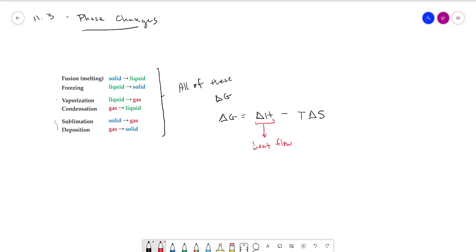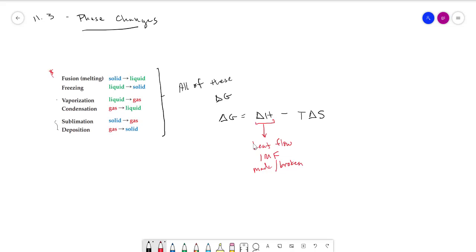And what we thought about before was this delta H was bond making and bond breaking. So when you created or destroyed a new covalent bond, that was associated with the change in the enthalpy of the system. It's really no different here, except the bonds that are forming are bonds between molecules rather than within them. So this is the heat flow with respect to the intermolecular forces being made or broken in either physical state transition that we have over here.